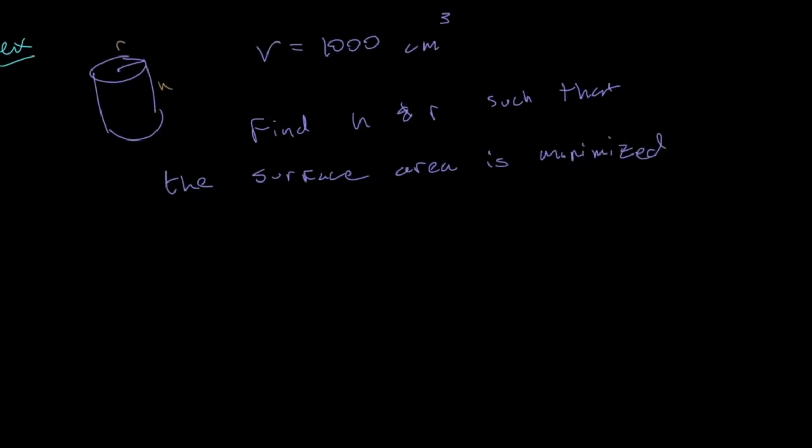So say we needed some container to hold this volume, and say we want to save money on materials for the container, then in that case is when we would want to minimize the surface area. So we're going to find the smallest container in terms of surface area, the smallest cylindrical container that can hold 1,000 cubic centimeters of stuff.